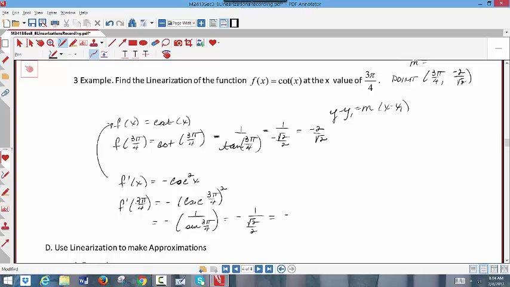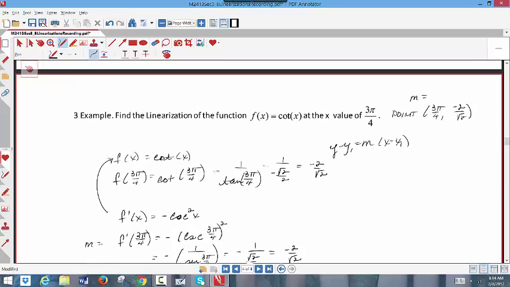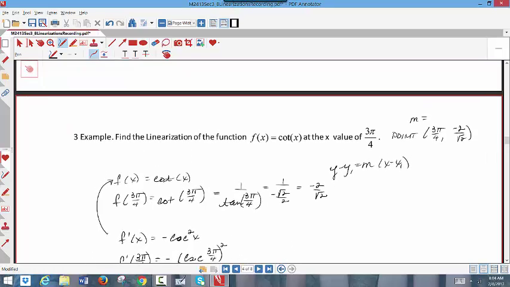So this becomes negative 2 over the square root of 2. This is the slope of the tangent line, because remember, the first derivative is my slope.